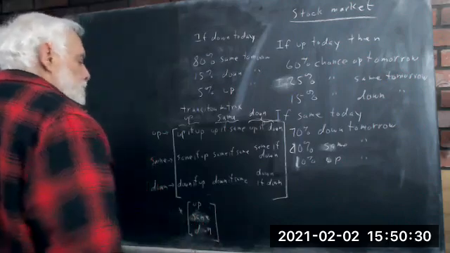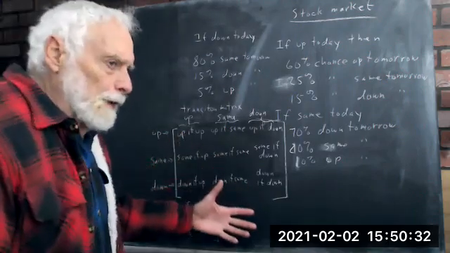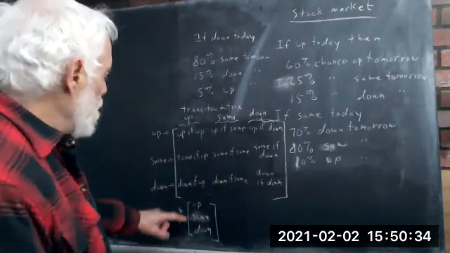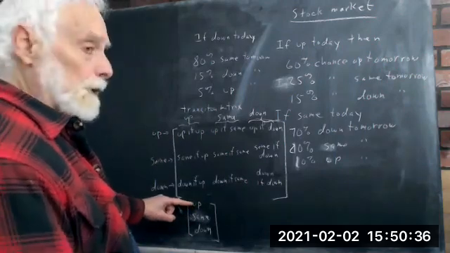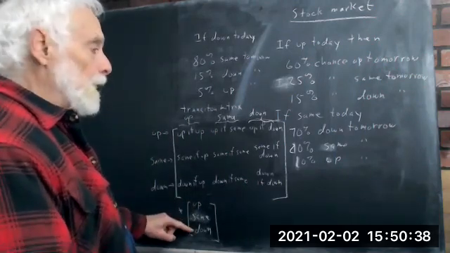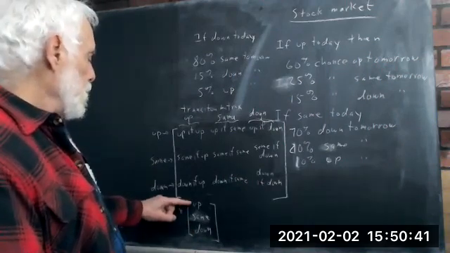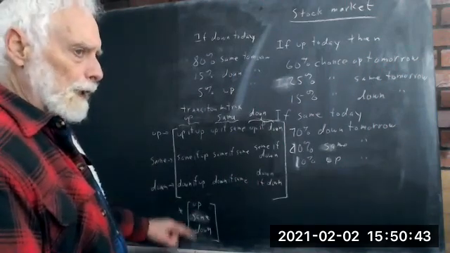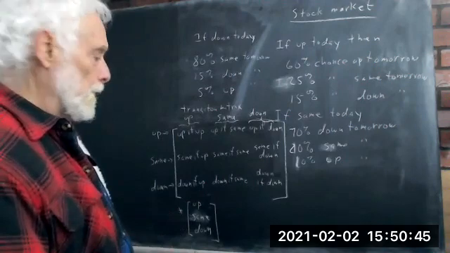If you multiply the matrix as I've outlined it here by the probability that it was up on a given day, the probability it's the same, and the probability it's down, you notice that these three probabilities have to add up to one. It's going to be one or the other.